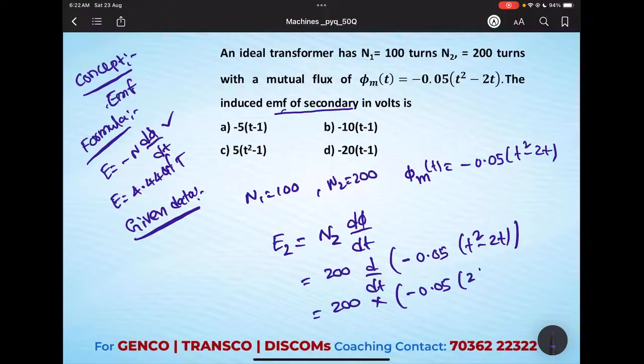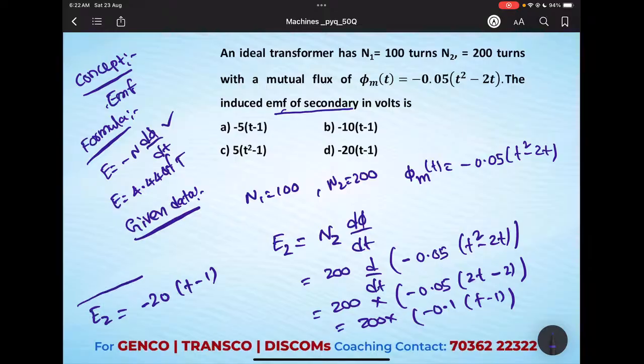T square differentiation gives 2t, and 2t differentiation gives 2. So 200 into, if you take 2 as common, it is 0.1 into t minus 1. After multiplying these two terms we get minus 20 into t minus 1. So our secondary EMF E2 is equal to minus 20 into t minus 1. So our option will be D.